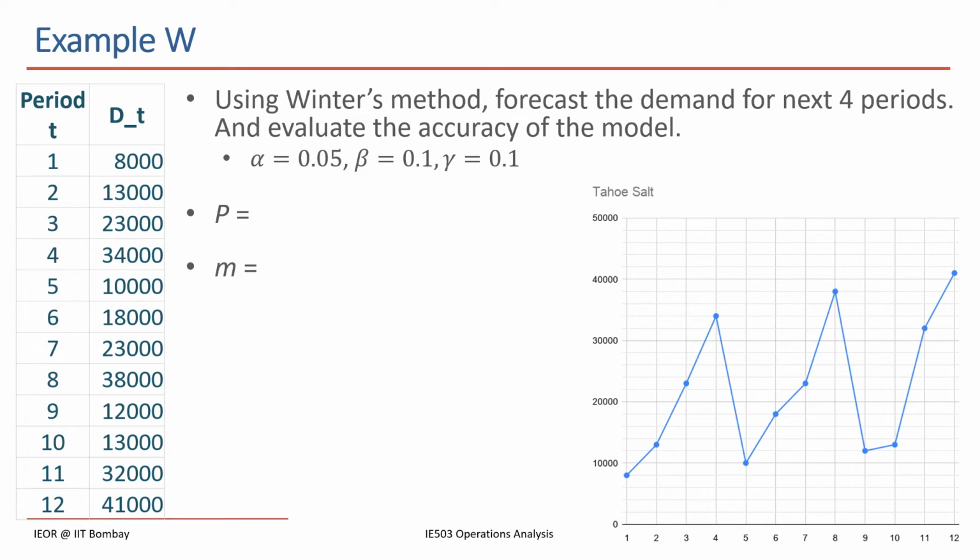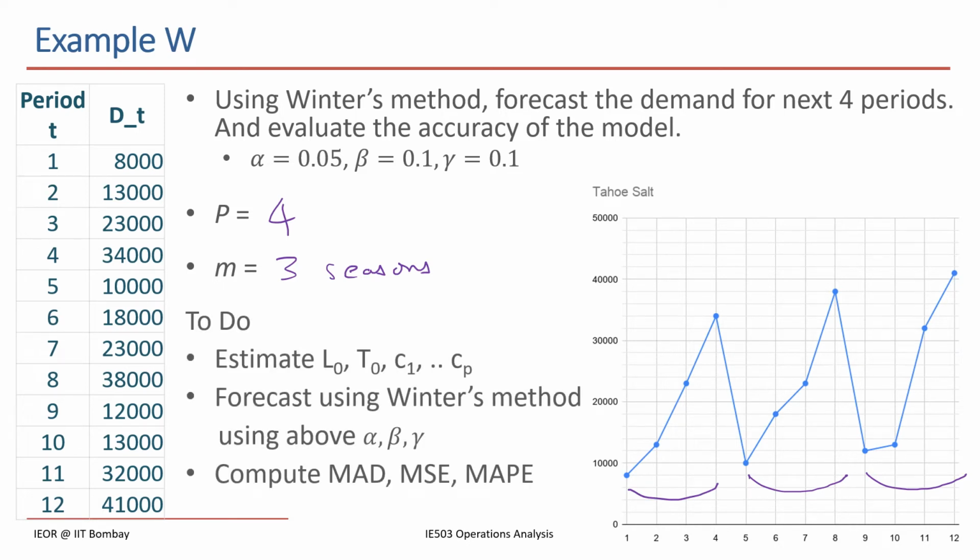So the preliminary step that we do is, in this particular example, P is equal to 4. That means that 4 data points we have season 1, season 2 and season 3. So each of these seasons has 4 data points and M is 3 seasons. Right? That is the number of seasons.